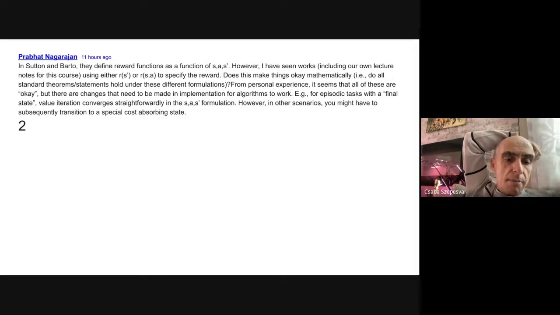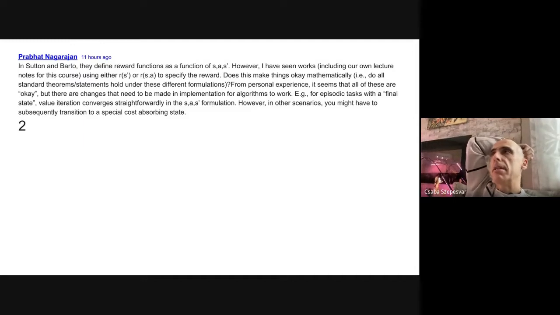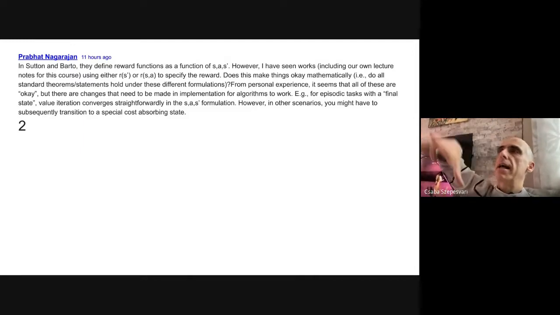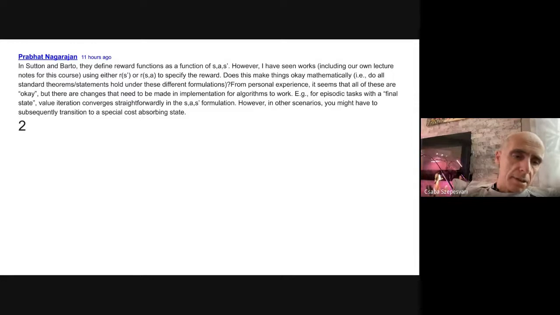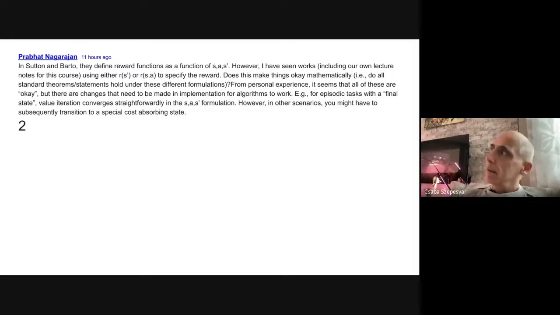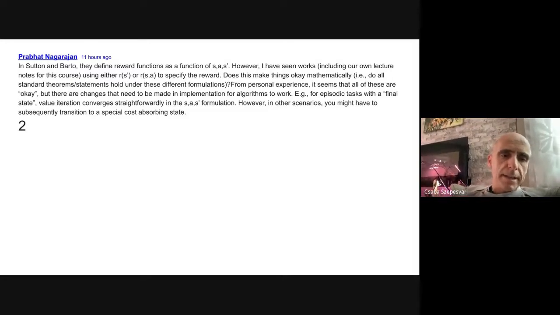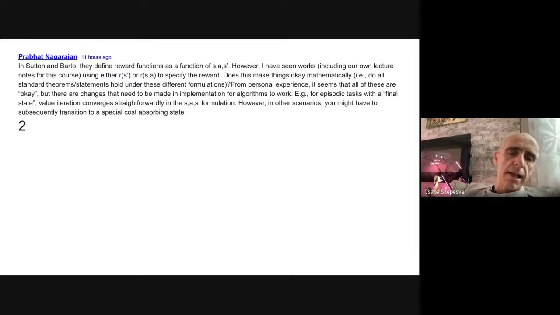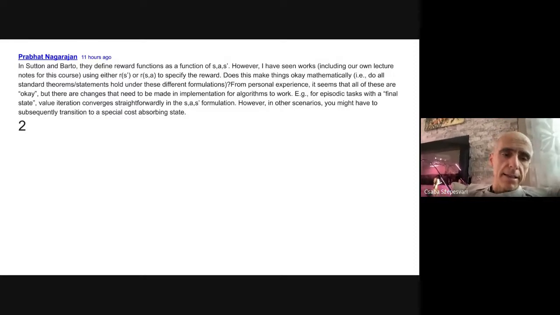If you're given an MDP as a mathematical structure and you're just studying this structure, there is invariance with respect to all these differences. But when it comes to learning and gaining information, then the noise is going to matter, and there it makes a difference.